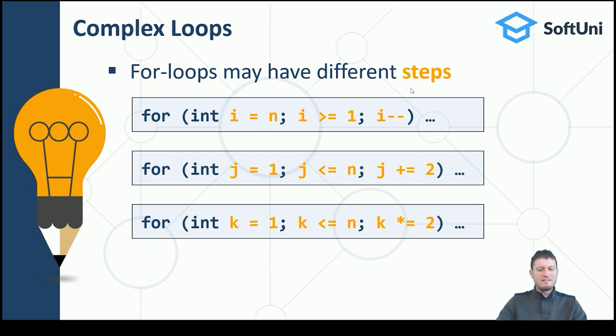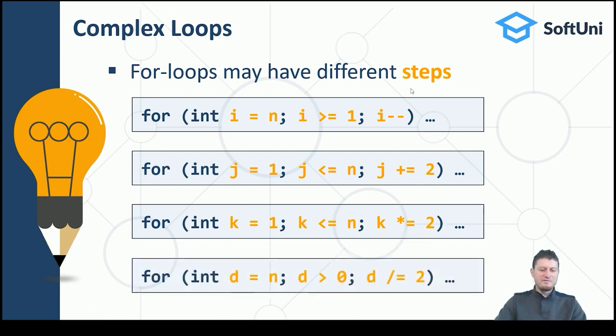Okay, and another example is something which divides a number n continuously. This is an integer division while it's positive. So for example, if we start from n equals 25, the next iteration will be 12, the next iteration will be 6, the next iteration will be 3, the next iteration will be 1, and the next iteration will reach 0, and the loop will exit in this situation.